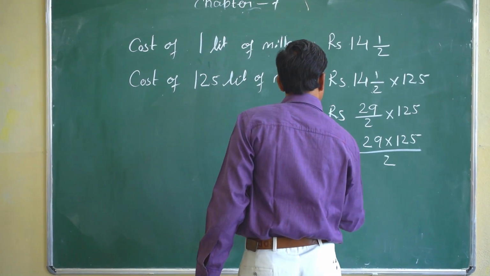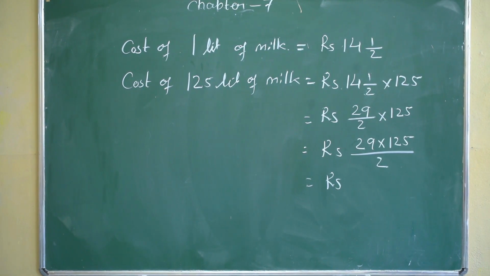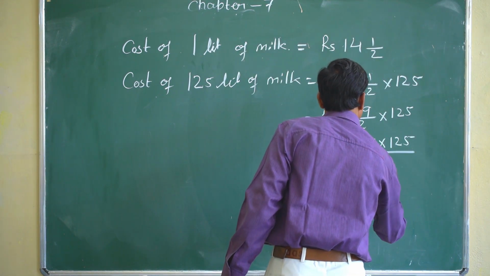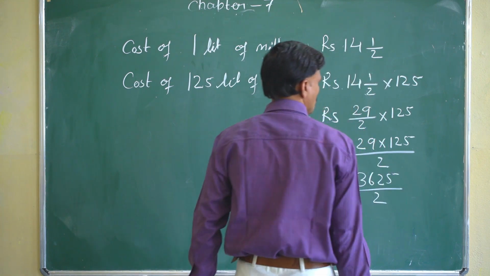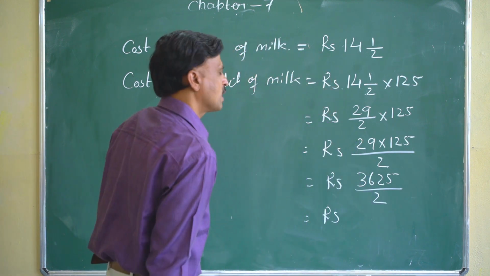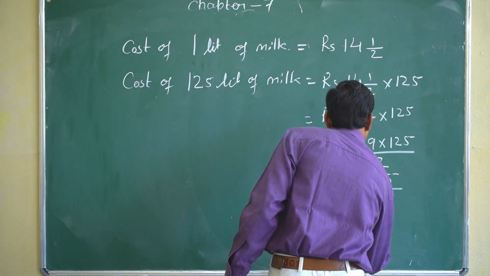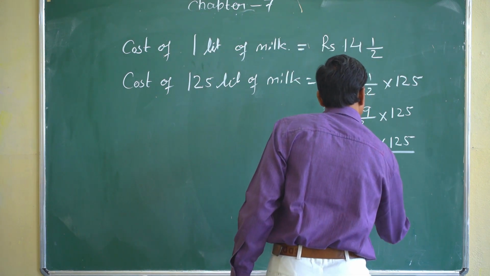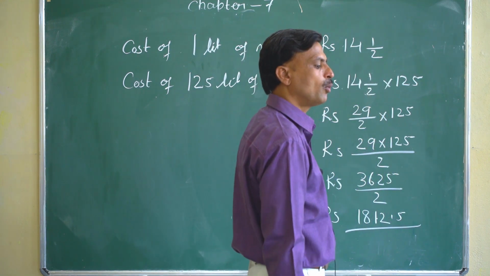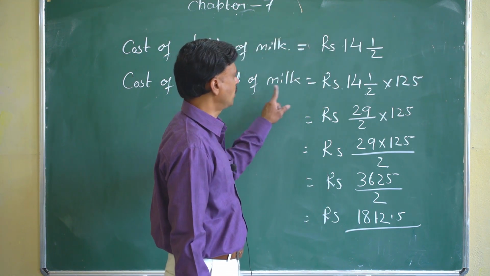Multiplying 125 by 29, you will get 3625. Divided by 2, you can get it as a mixed fraction or a decimal also. So it divides, and 1 will be left, so 0.5. So 1812.5 will be the cost of 125 liters of milk.